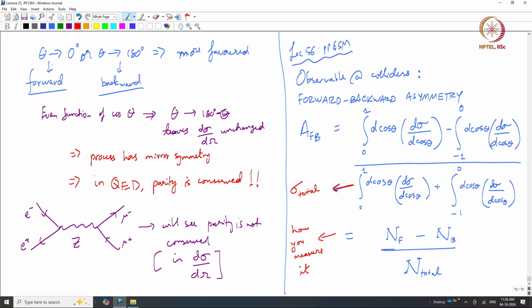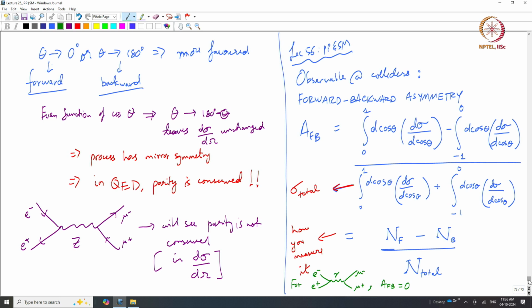Now, for our process, with the photon, e minus e plus to mu minus mu plus, for this particular QED process, what is the forward backward asymmetry? Going from all the discussion we had before, that's just 0.